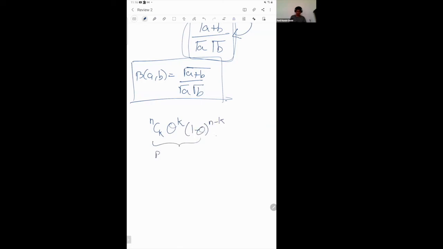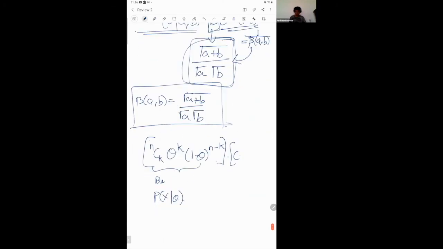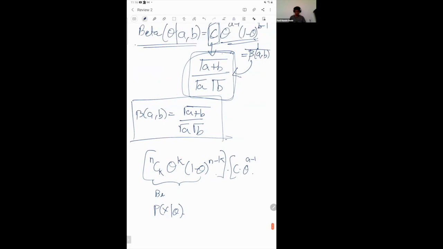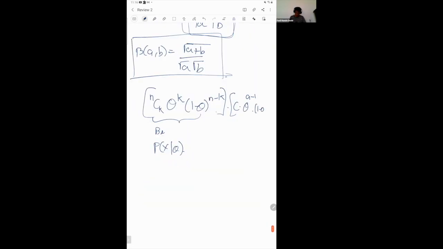This is Bernoulli, which is the probability of x given theta, and then the prior is some constant times theta to the a minus 1 times 1 minus theta to the b minus 1. This is the probability of theta parameterized by a, b.